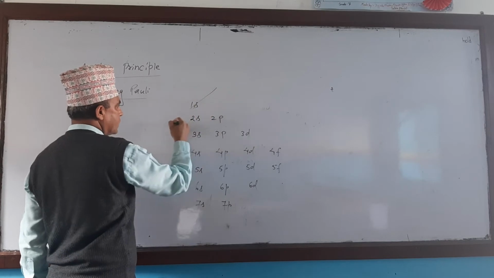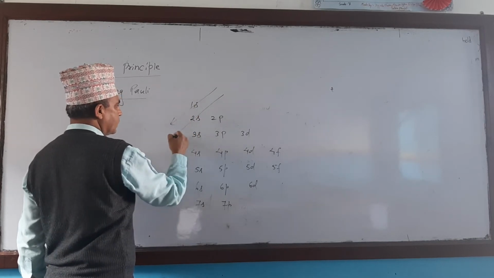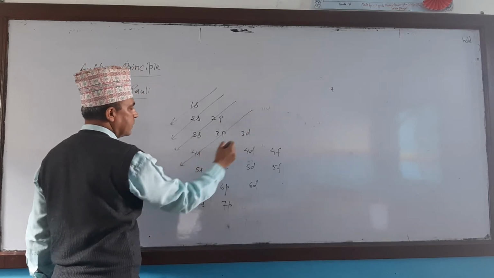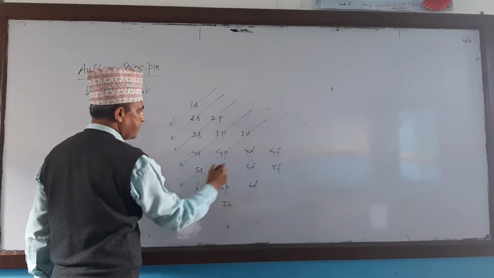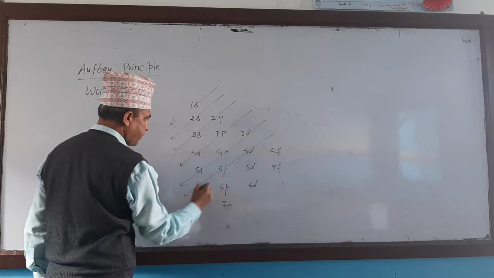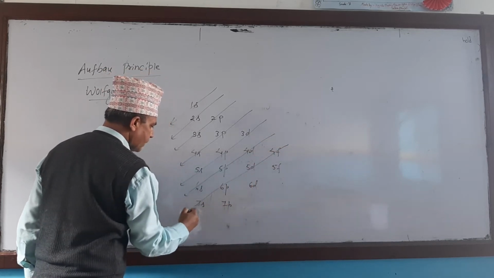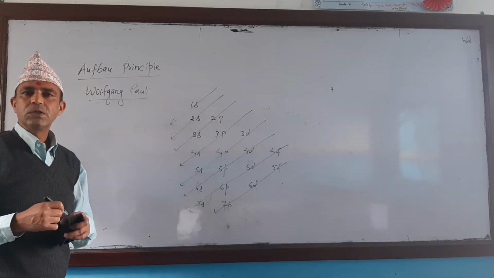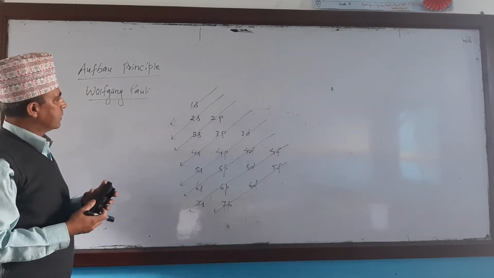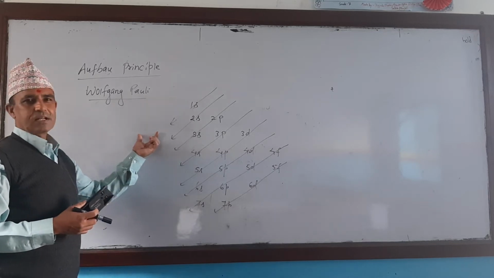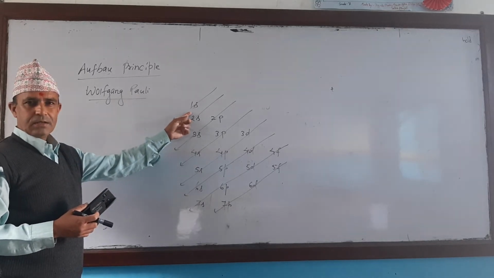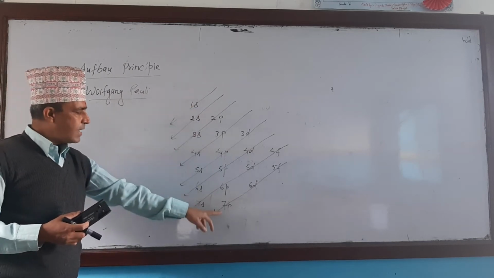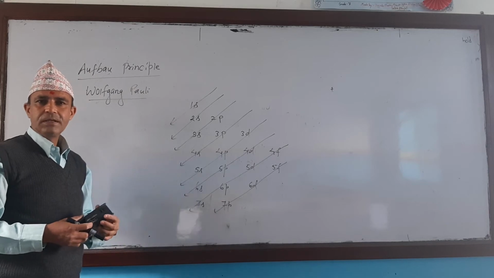He used arrows like this. Look here, the arrow always goes in a straight line. These are energy levels. Which is the lowest energy level? 1s. The lower energy level is 1s, and the higher energy level is 7p.